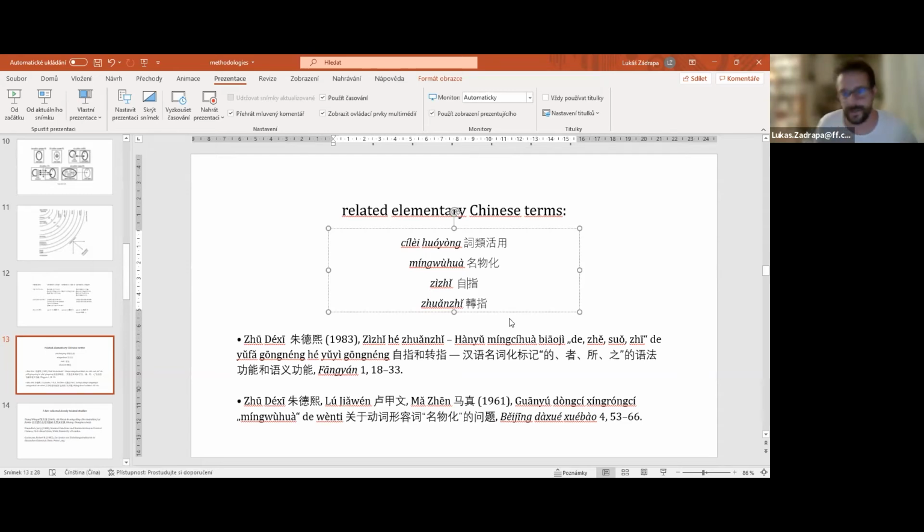So I think again that we have at least here two opposed ways of nominalization, and that they should be taken into account.